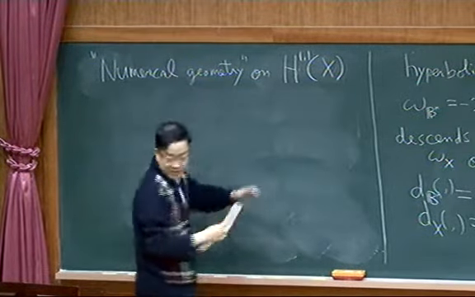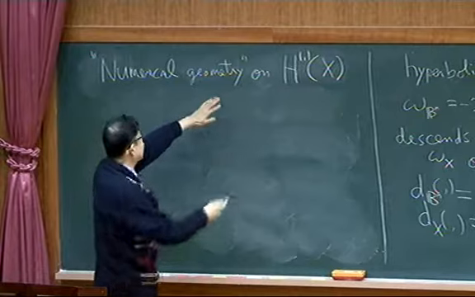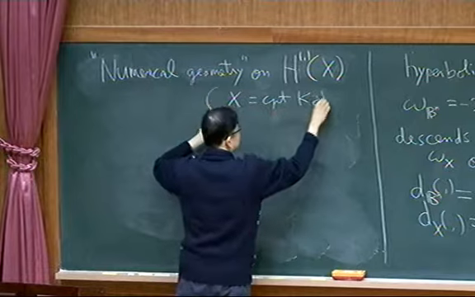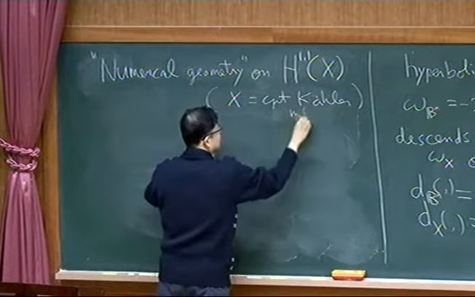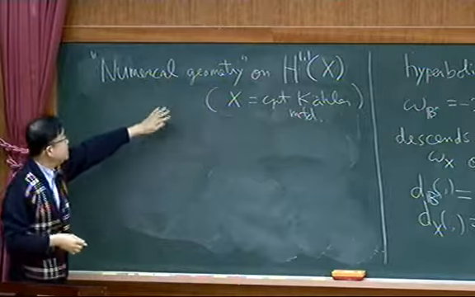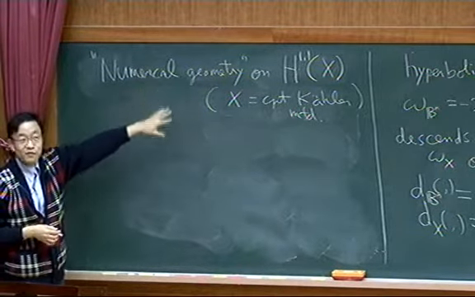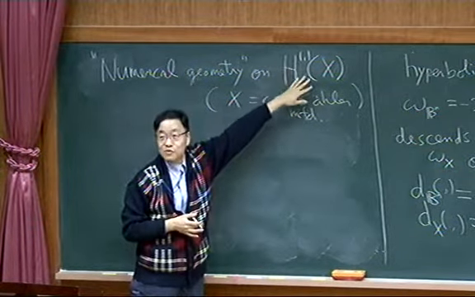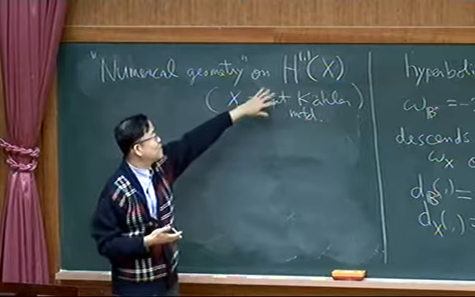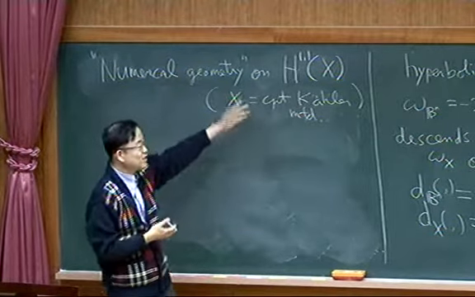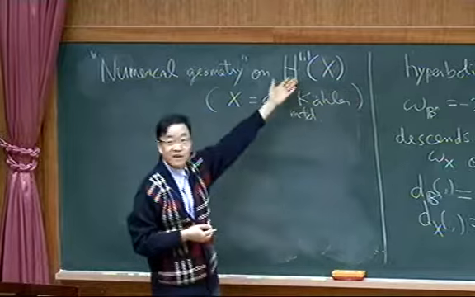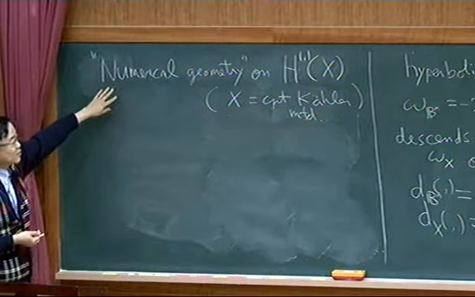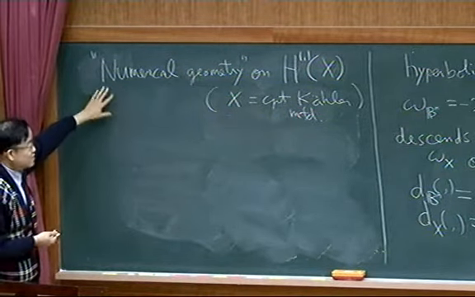So here, X is no longer a hyperbolic manifold, but just any compact complex manifold. And there's a notion of numerical geometry. Now it's rather fashionable. By doing certain numerical study on this cohomology group, you can derive a conclusion about its algebraic geometry. And usually, you can use complex analysis to study such a condition. And the prototype of this is, of course, Kodaira's embedding theorem. So let's recall what this was.